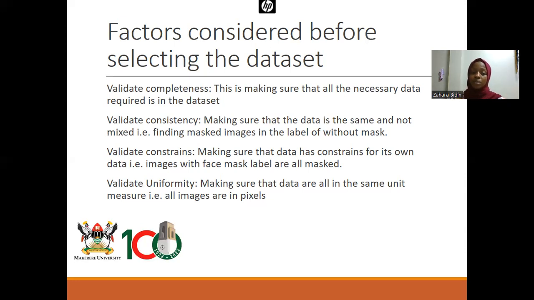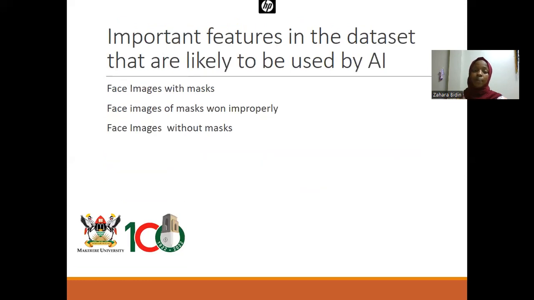Then validate uniformity, making sure that all the data are in the same unit of measure. Since I'm dealing with images, all the data are in pixels. The important features identified to be used by AI in this dataset were face images with masks, face images without masks, and those who are putting on masks improperly.